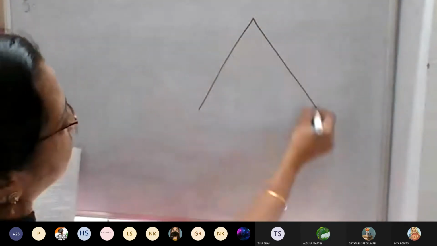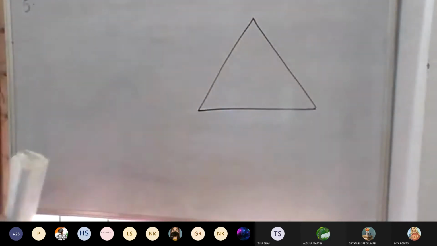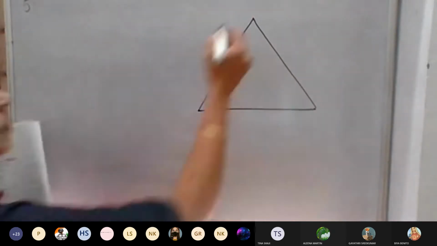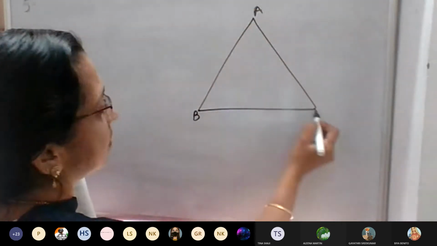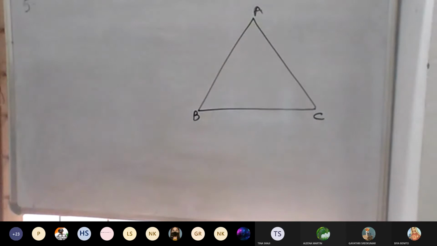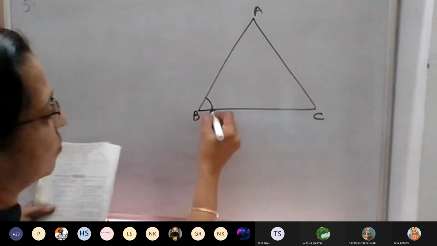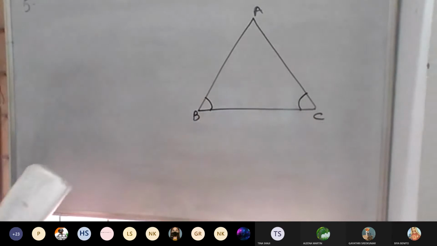A triangle ABC has angle B equal to angle C. So first of all, we have to draw a triangle ABC. Triangle ABC has angle B equal to angle C. So these two angles are equal, given.